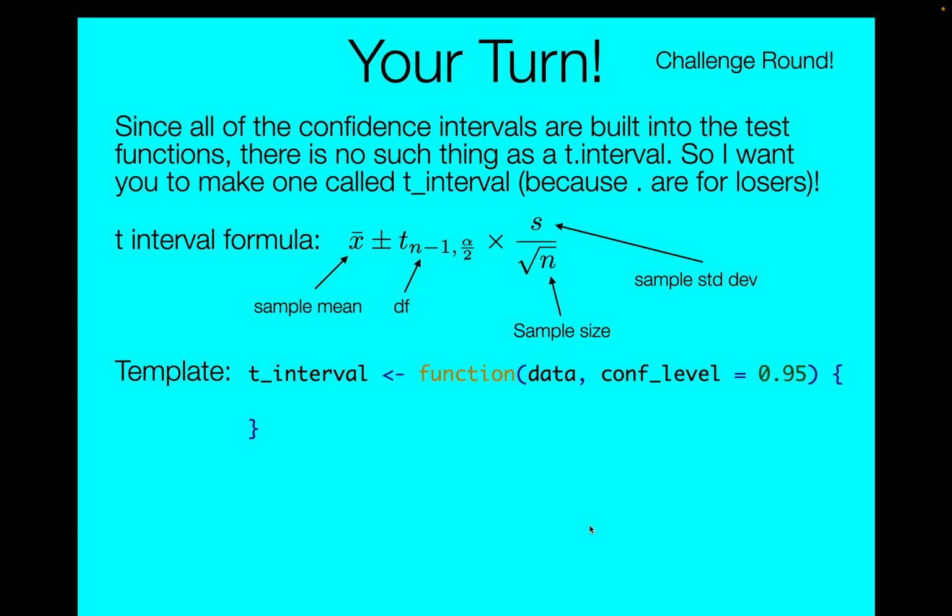N is the sample size, so the number of observations in data, maybe the length of your data. And then n-1 is degrees of freedom, which is the sample size minus 1. Okay, and so look up formulas if you need to, but try to create a t-interval function. This is going to be important because you're going to do something sort of similar in the homework.